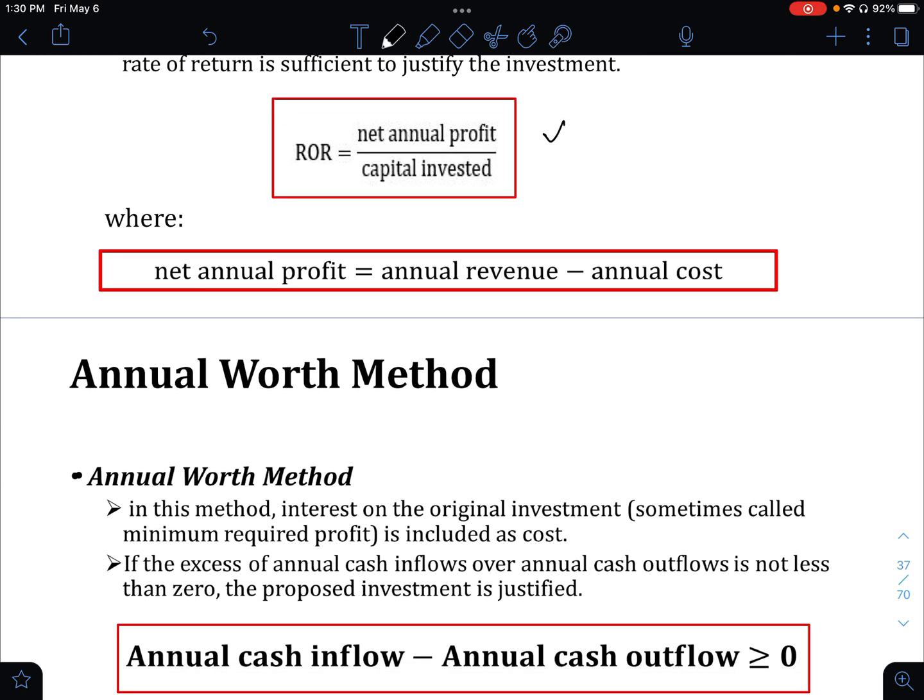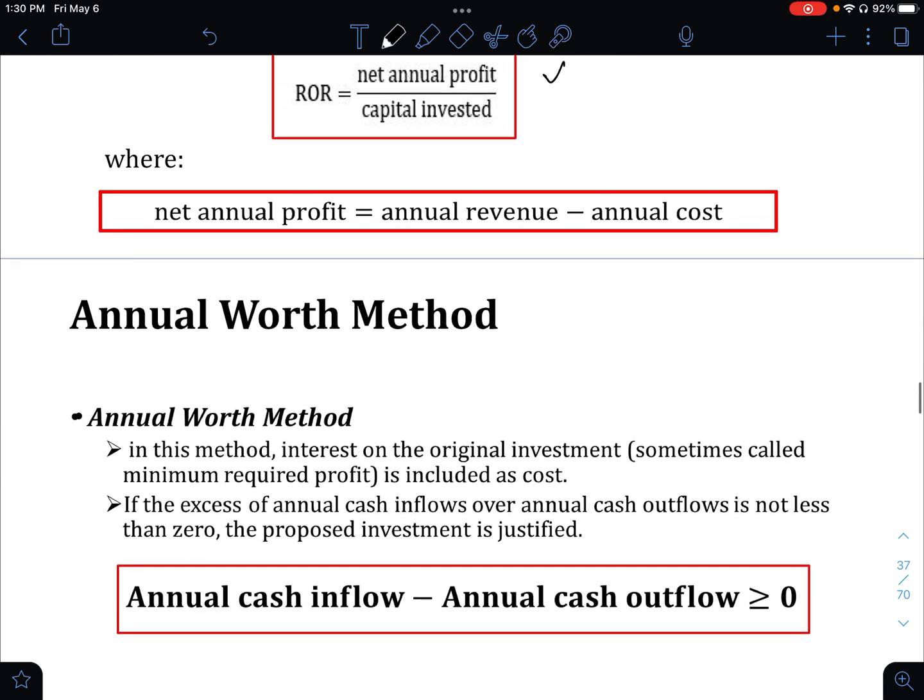So for the annual worth method, in this method, interest on the original investment, sometimes called minimum required profit, is included as a cost. So the interest on the original investment is included as cost. So remember that for the annual worth method. If the excess of annual cash inflows over annual cash outflows is not less than zero, then the proposed investment is justified.